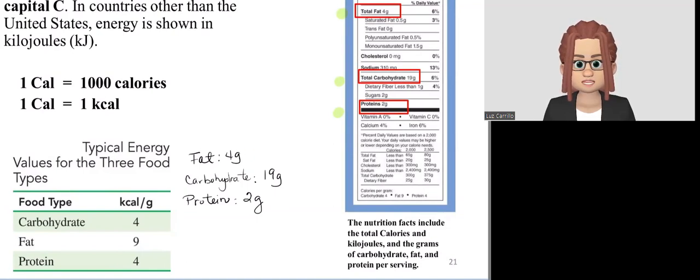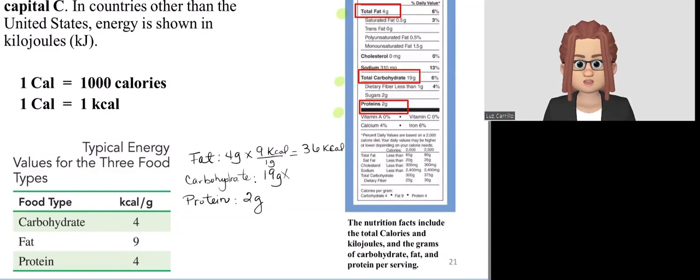So when we do this, we are going to multiply this by 9 kilocalories, or in other words, 9 nutritional calories, because per gram, that's how much is contributed. So when we take these two numbers, this is going to be 36 kilocalories, or nutritional calories, is what the fat is contributing.